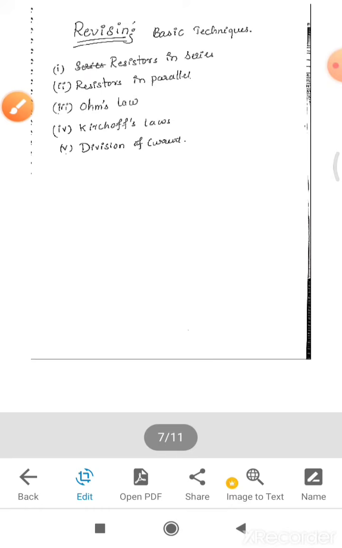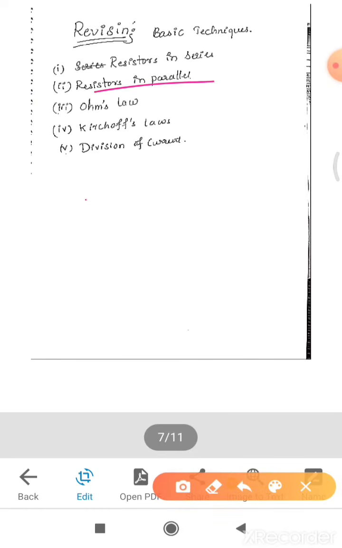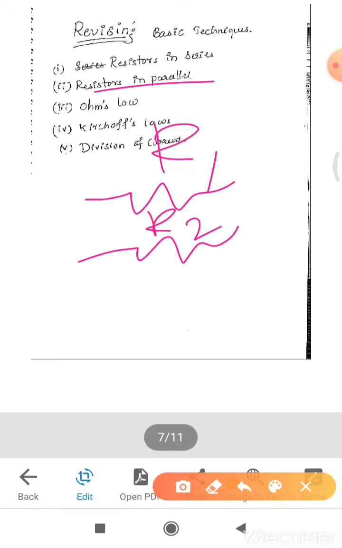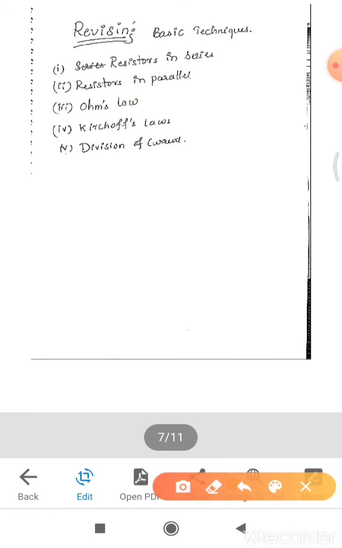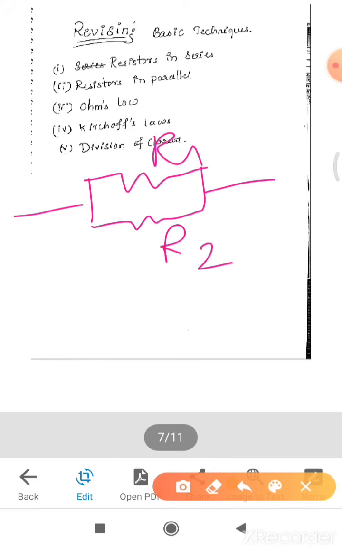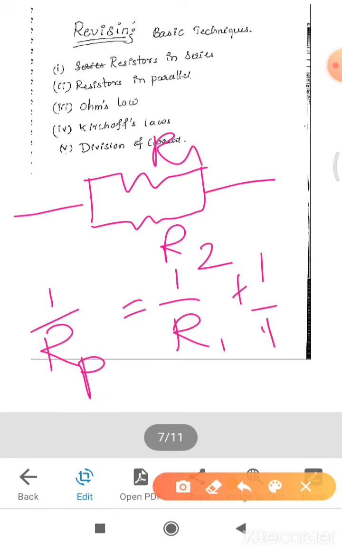Then resistance in parallel. Suppose the same two resistances are connected in parallel, R1 and R2. What about its equivalent Rp? 1 by Rp will be equal to 1 by R1 plus 1 by R2.